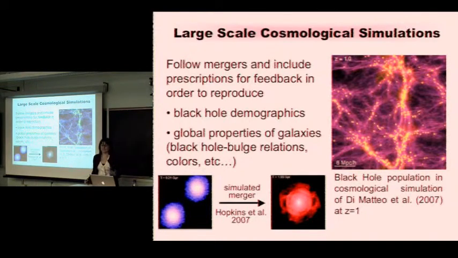Actually, there's hydro in the simulation too. They follow mergers and put in prescriptions for feedback and things like that, and then measure the black hole demographics, so the black hole mass density as a function of time. And they find that it actually matches observations quite well. They're able to reproduce the local black hole mass density.